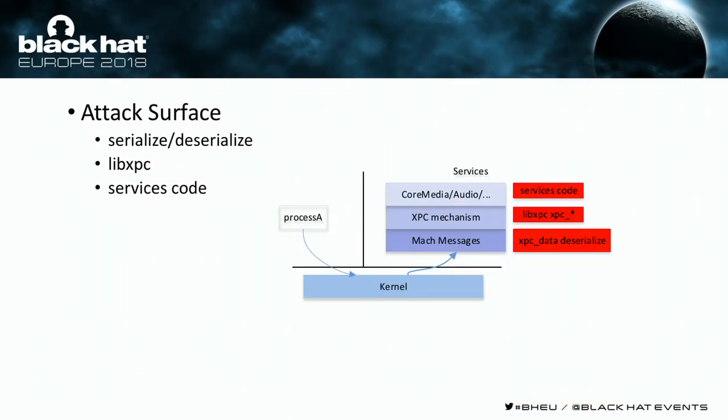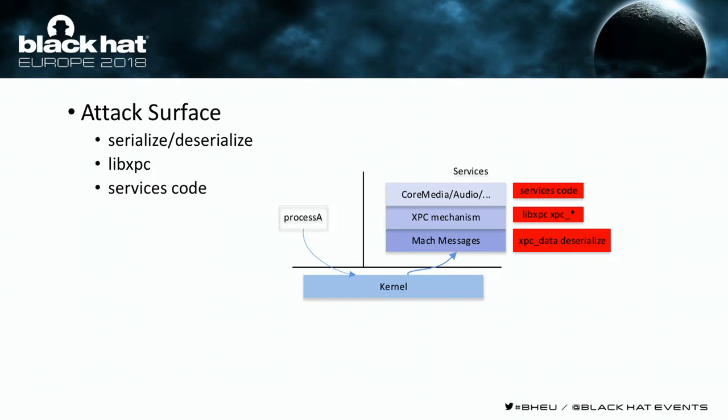When one XPC service processes a request from other processes, it should first deserialize this XPC message by the mach message mechanism, and then use the XPC mechanism to process this XPC data.